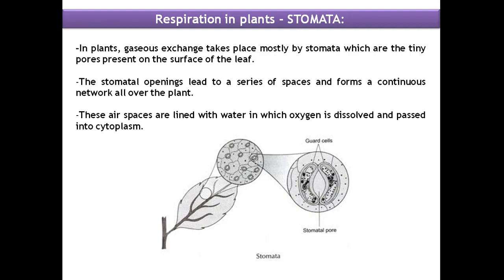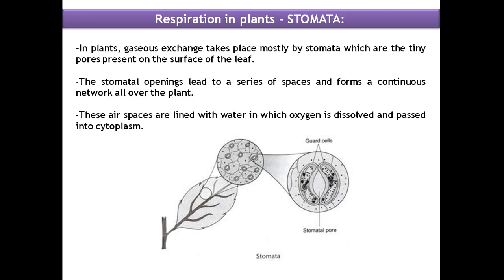Already we studied about stomata, which are tiny pores present on the surface of the leaf, mostly on the lower surface. The stomatal openings lead to a series of spaces and form a continuous network all over the plant, and these air spaces are lined with water.